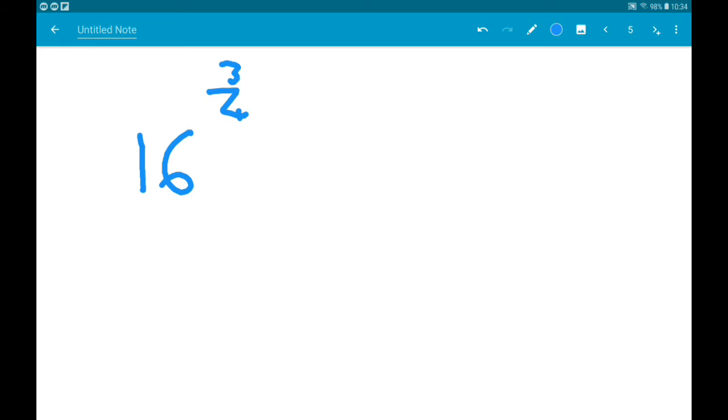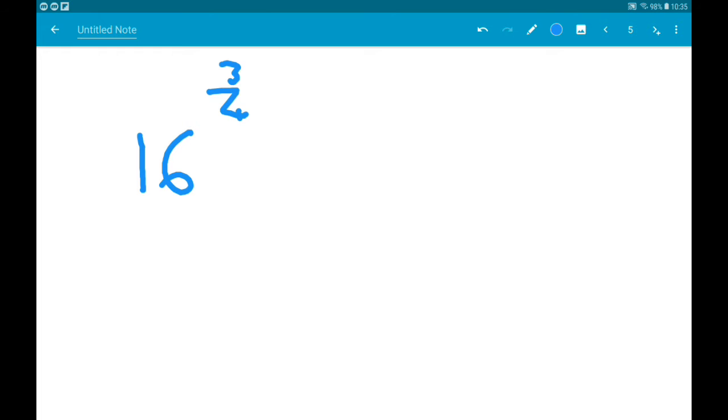But do you want to work out 16 cubed? I know I don't. So we always do the bottom of the fraction first to make the number smaller, and then the top number or the top part of the fraction to then make it bigger.